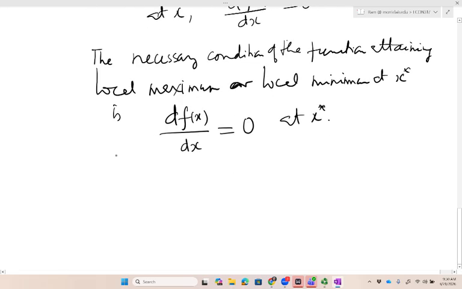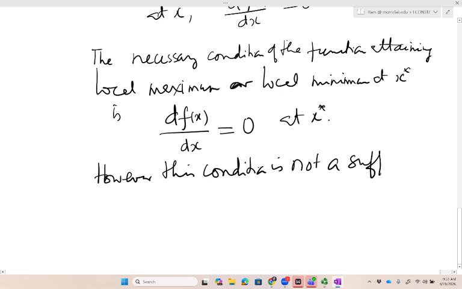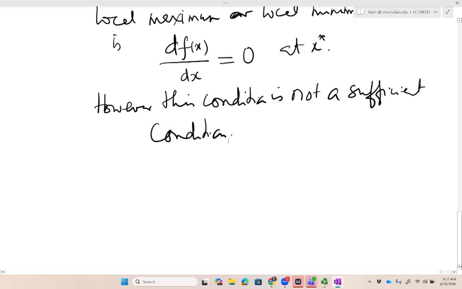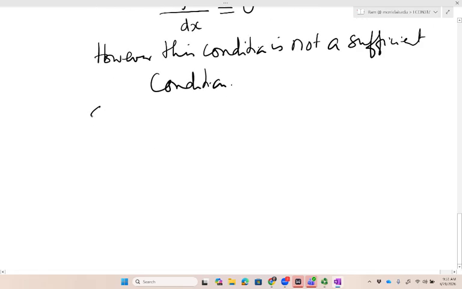Is it sufficient? And I will give an example to claim that no, it is not sufficient. However, this condition is not a sufficient condition. So, to give you a counter example, here is an example.